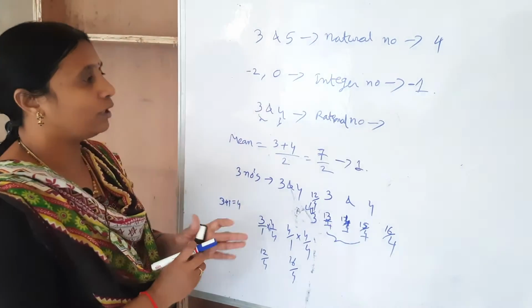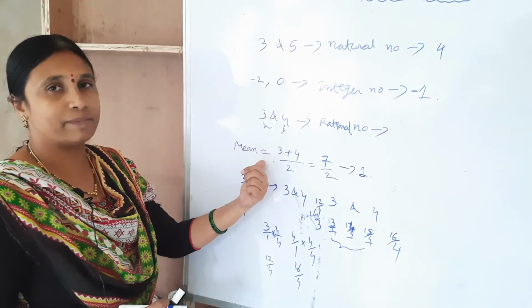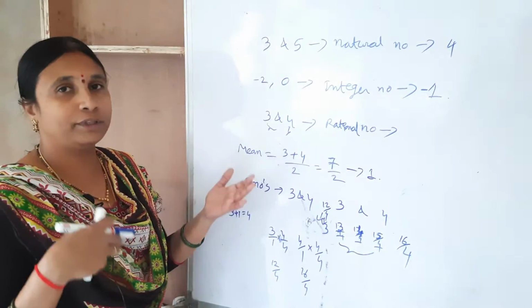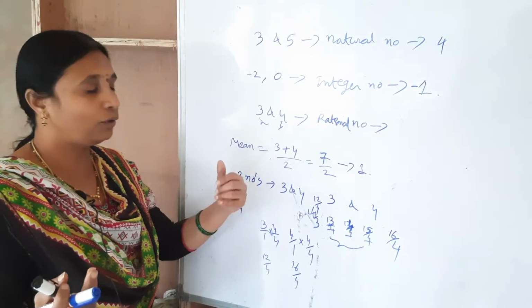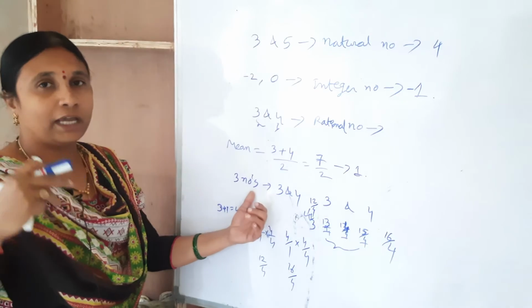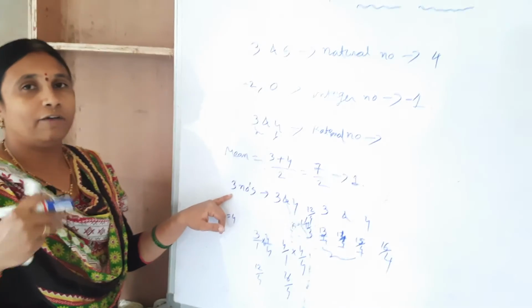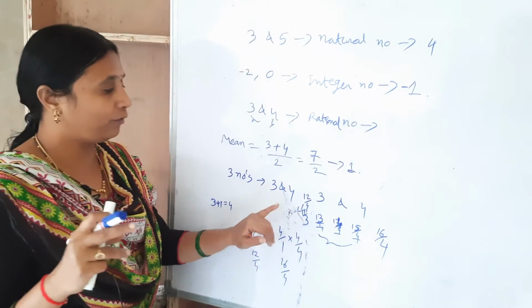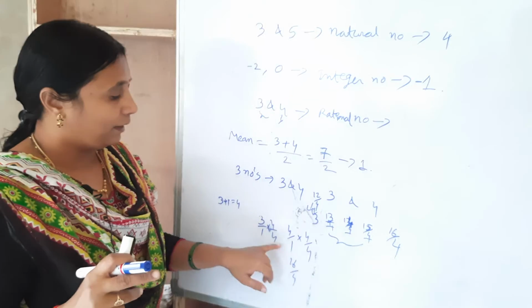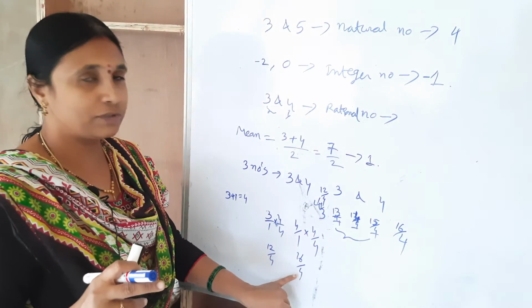For inserting only one number between two rational numbers, we take the mean. If we want to insert more than one number, we take one more than the count of numbers. Suppose we want to add 3 numbers, I am taking 4. We multiply with 4 by 4. 3 into 4 by 4 is 12 by 4, 4 into 4 by 4 is 16 by 4.